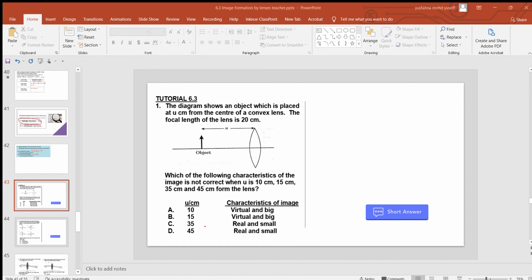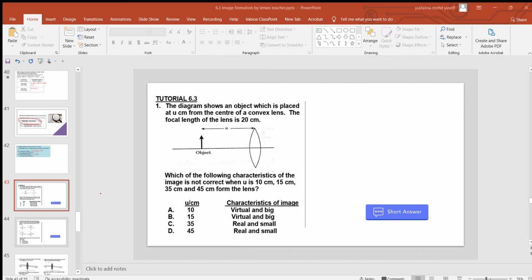And state the relationship between the object distance and image distance. This one we already saw: when you increase the object distance, the image distance will decrease. So they are inversely proportional. The next one is the lens formula. We already derived the lens formula just now.